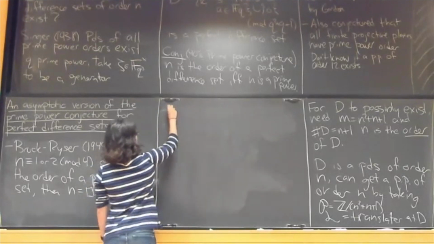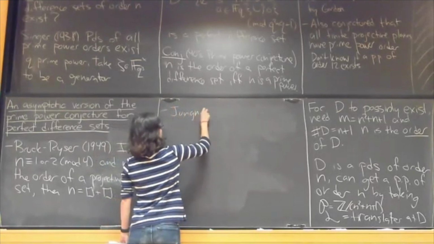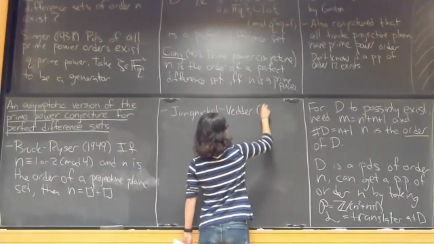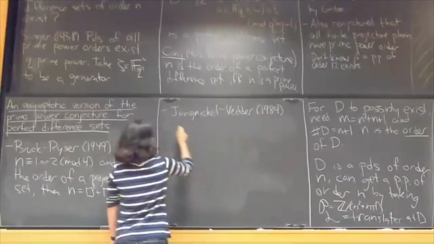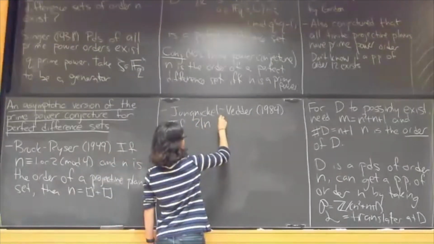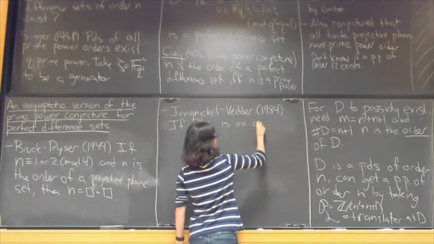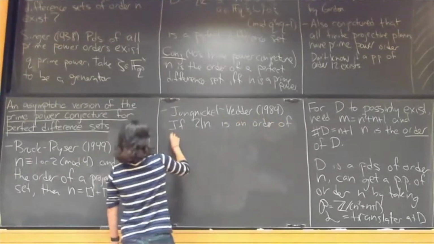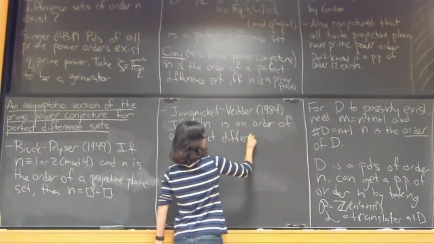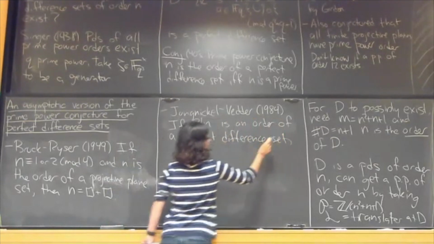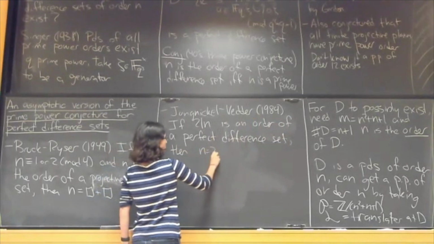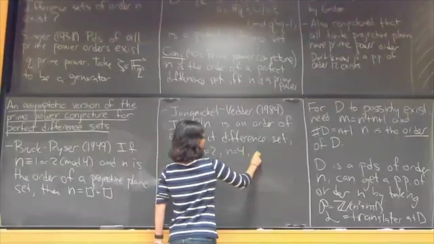Here's a result of Hall, I think from 1984, which says that if n is an even integer and it's the order of a perfect difference set, then either n equals 2, n equals 4, or 8 divides n.